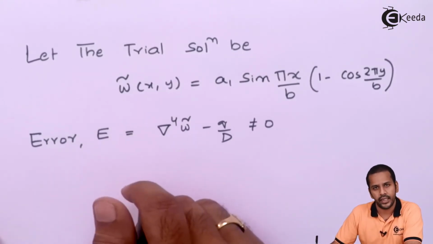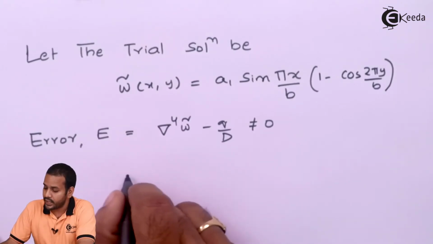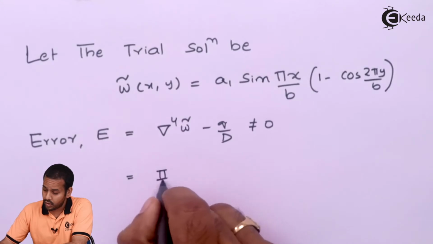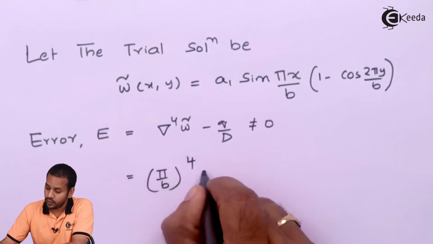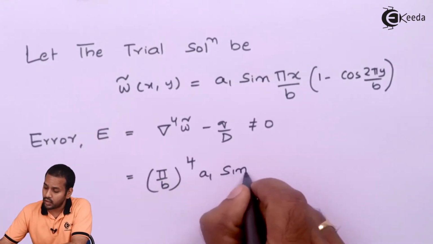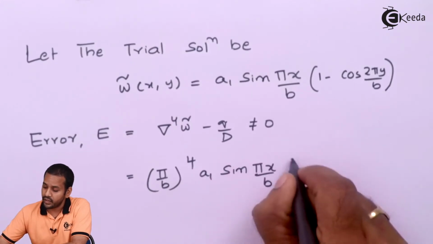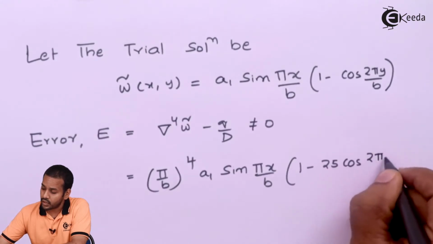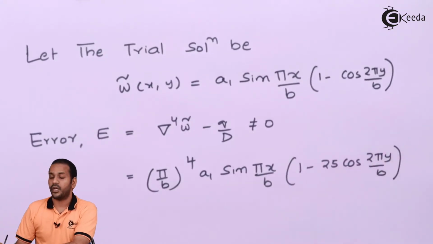I'm going to write the error term directly. The error term is nothing but (pi by b) whole power 4 a1 sin(pi x by b) into (1 minus 25 cos(2 pi y by b)). This is our error term.